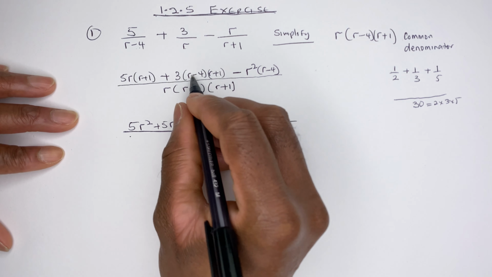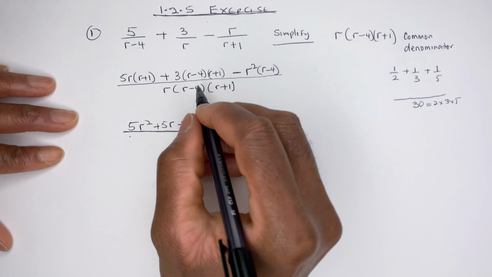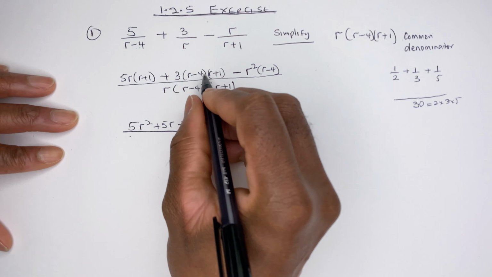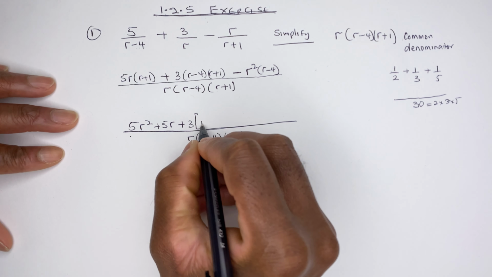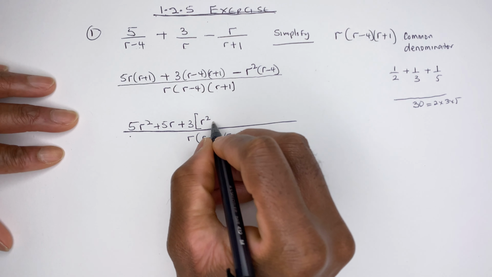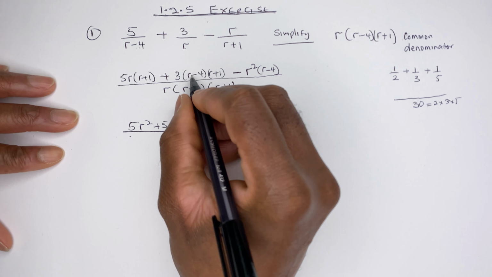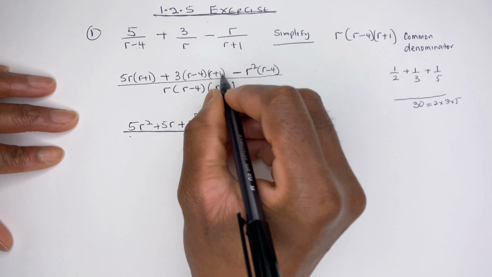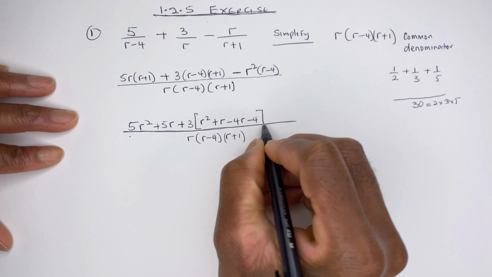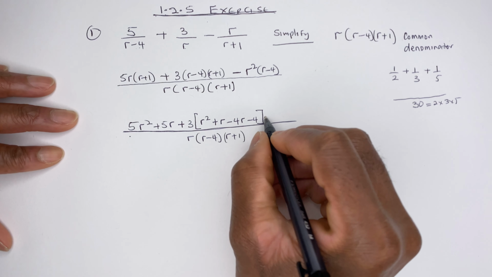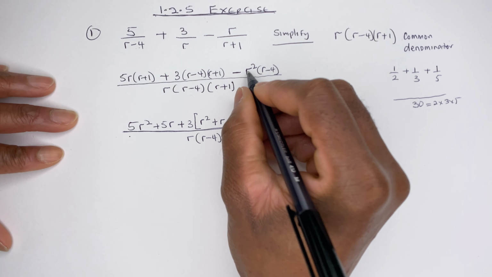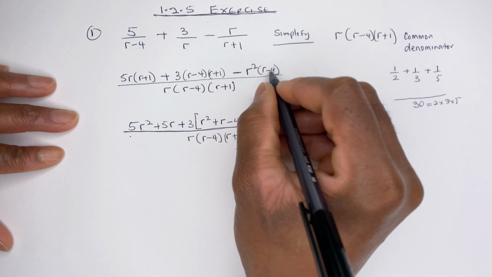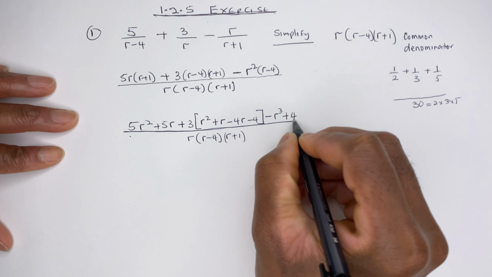I need to expand these two factors first and then multiply by 3. So I'll put the 3 out, use a square bracket to solve this one out. r times r is r squared, r times 1 is plus r, minus 4 times r is minus 4r, minus 4 times 1 is minus 4, close the square bracket, and minus r squared times r is r cubed, minus r squared times minus 4 is plus 4r squared.